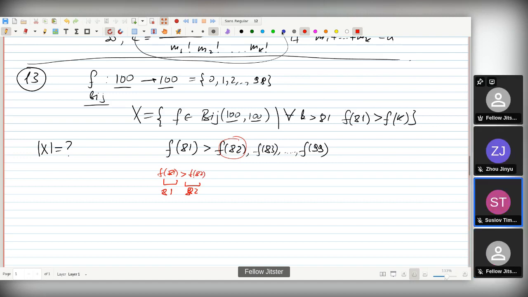So, for example, this number cannot be 99. So there are some constraints. Is it clear? We have exactly the same constraint for the number at position 83. Do we have any constraint for this number, f of 81?